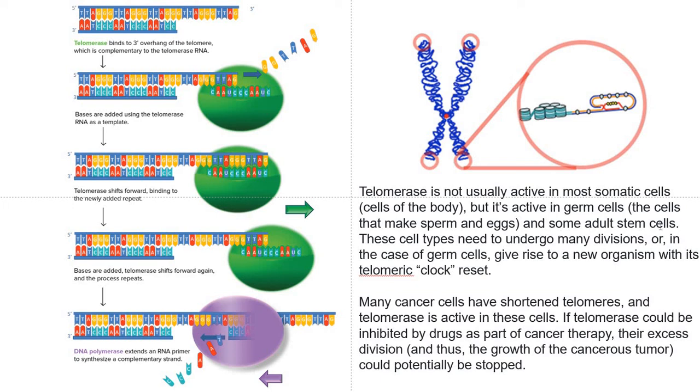It's also active in adult stem cells, because all of these cells go through many divisions. Cancer cells, however, have activated telomerase, and that's how they are able to divide many more times than regular cells. That's why they are immortal. There are many drugs that use telomerase inhibition as a part of cancer therapy to stop the telomerase activity in cancer cells.